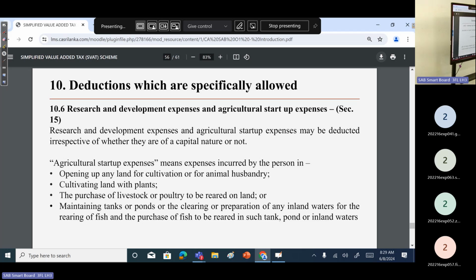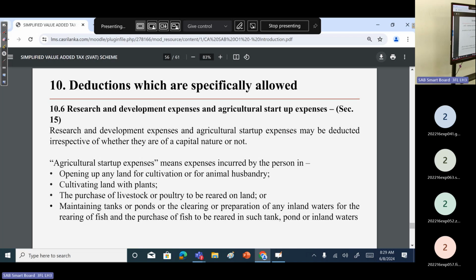So what are agricultural startup expenses for this purpose? In an agricultural undertaking, initially we have to incur some cost, and a substantial period is taken to produce income. That is inherent to that particular industry.